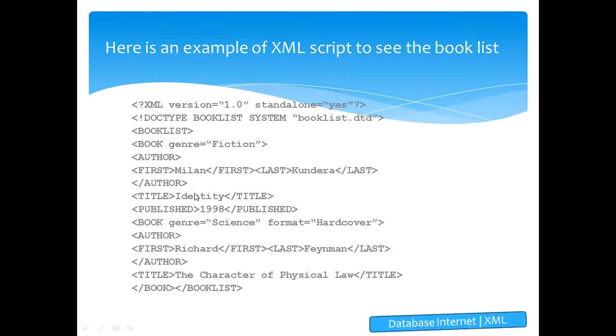It's the combination of HTML and SGML. You can see the author, title, publisher, and book genre, and all of it starts with a start tag and ends with an end tag.